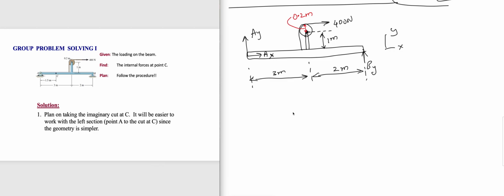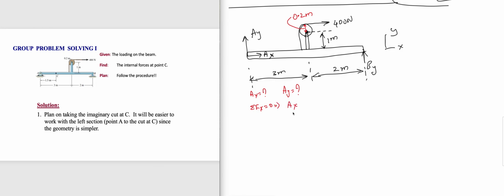Okay. Then that is the free body diagram of the given system. Then our aim is to find what is AX and what is AY. That's our aim.